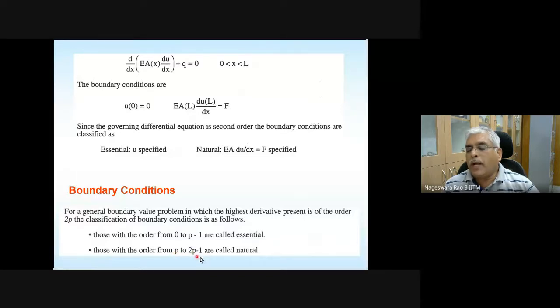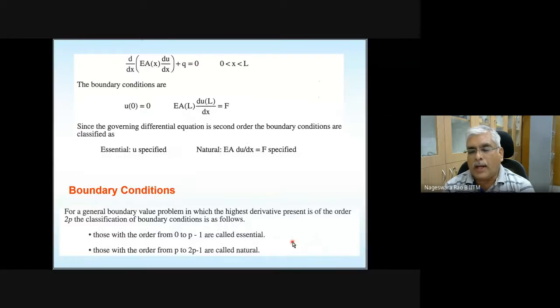What is 2p minus 1? If p is equal to 1, 2p minus 1 is 1. Those boundary conditions from 1 to 1, that means 1, are natural boundary conditions. So this particular rule is applicable even here. You can immediately cross-check whether this is valid or not. Any questions?